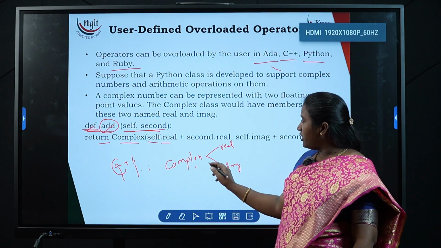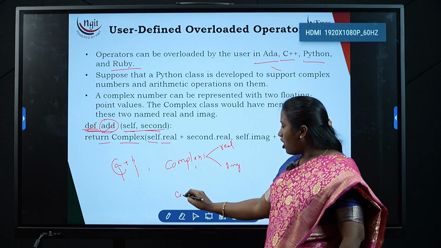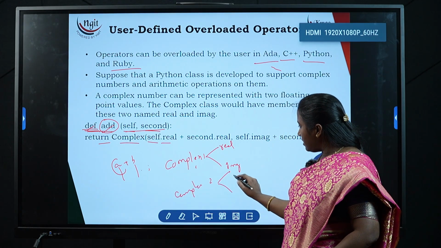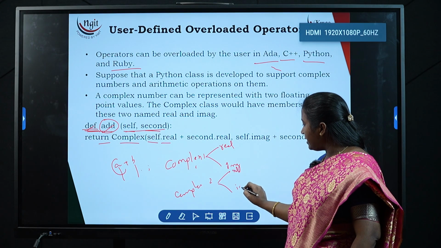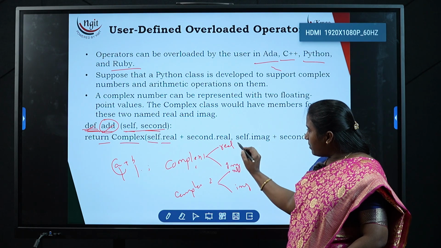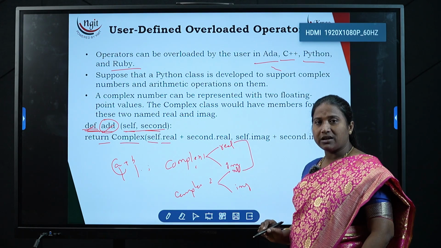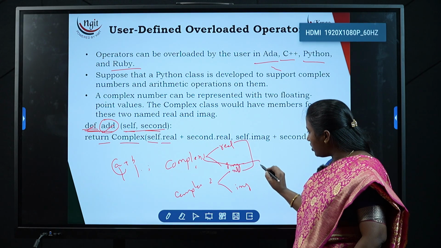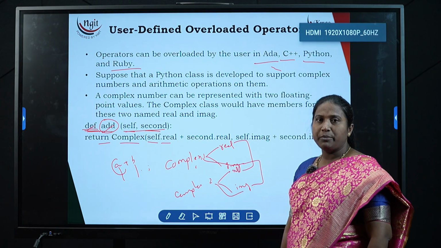Let's say I want to add two complex numbers, complex 1 and complex 2. Complex 2 also has two parts, real and imaginary. The first complex number's real part should be added with the second complex number's real part, and the first complex imaginary part should be added with complex 2's imaginary part.